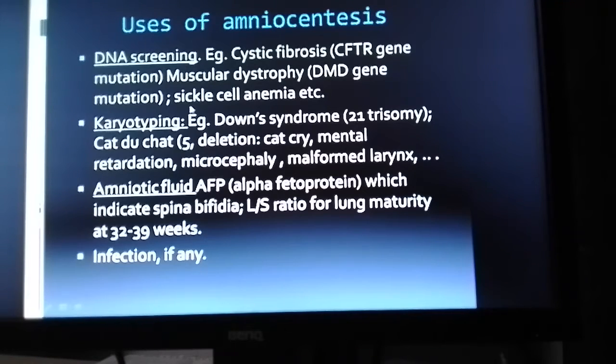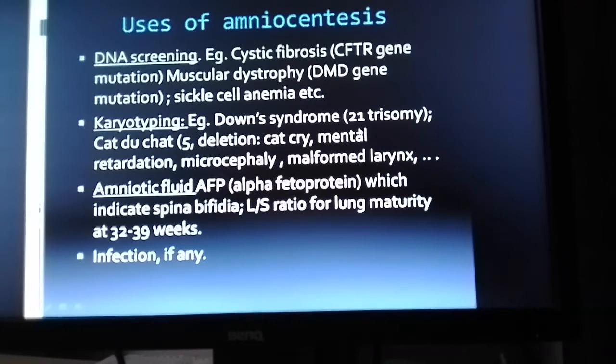And the gene may cause normal hemoglobin or sickle cell hemoglobin. That can be known. Even that way, the modern methods allow the analysis of a variety of genes, and by karyotyping we can know the condition of the chromosomes as a whole. Let me give one or two examples.